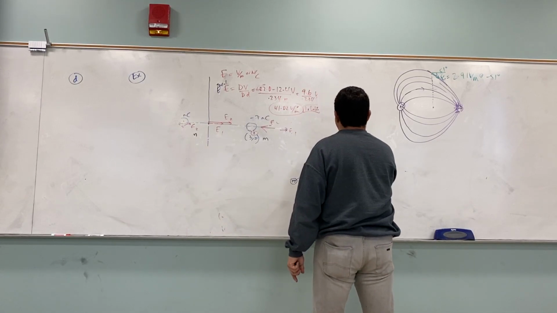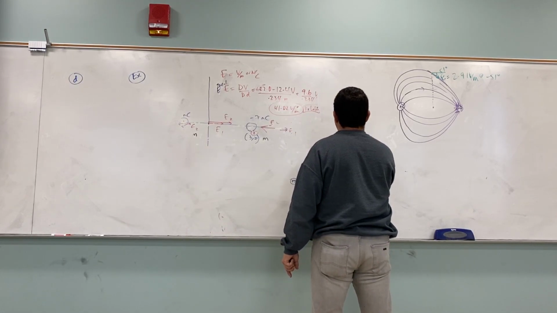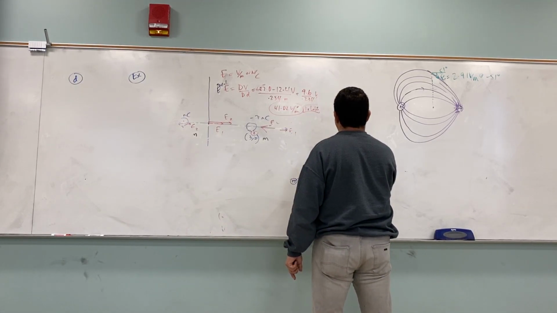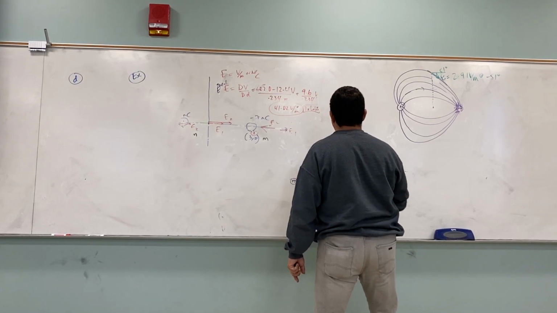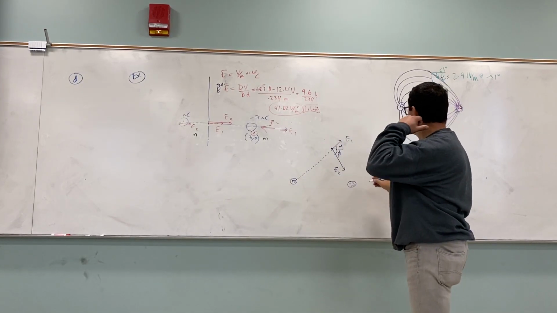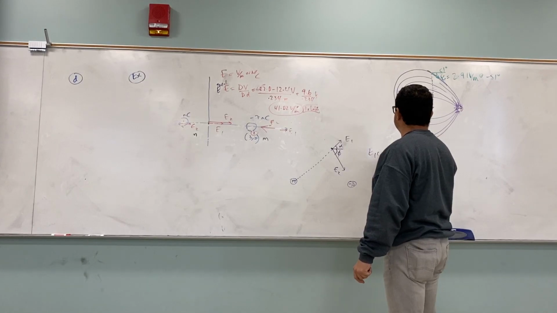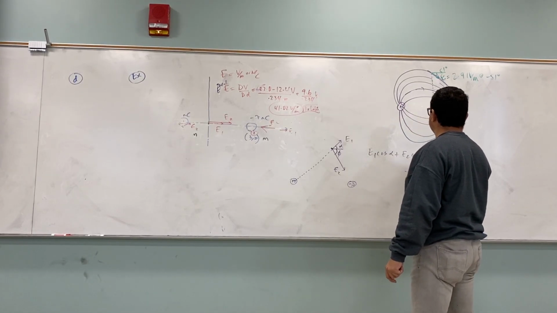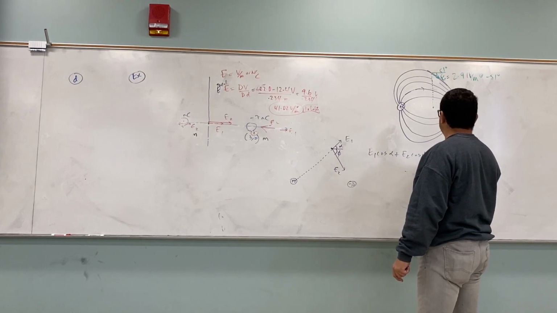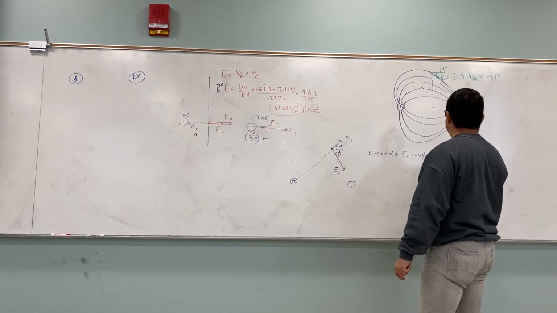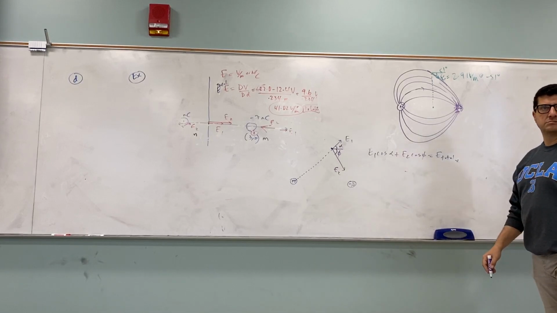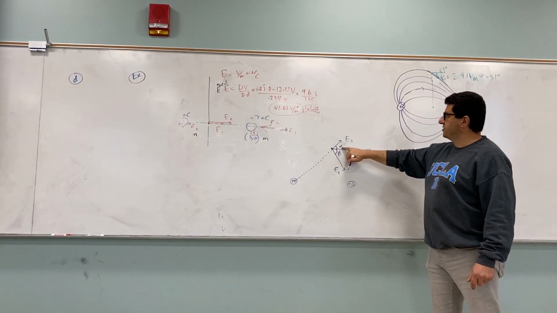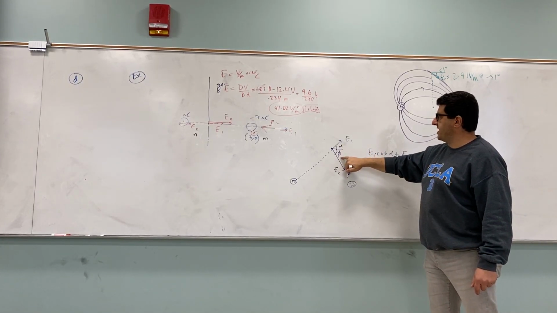So now I'm going to define this charge angle as alpha, and define this as phi. So E1 cosine alpha plus E2 cosine phi will be equal to E total in the x direction. So take the cosine of this and the cosine of that.